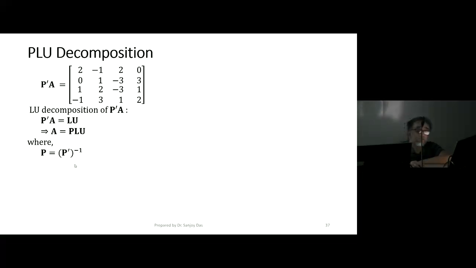And did I say that the inverse of a permutation matrix is a permutation matrix? I didn't say it directly, but I said that the inverse of a permutation matrix is its transpose, and the transpose is again a permutation matrix. So P is the transpose of P prime.